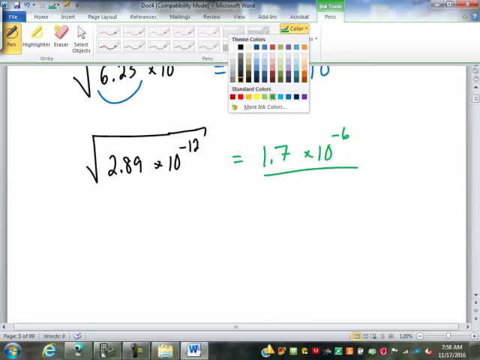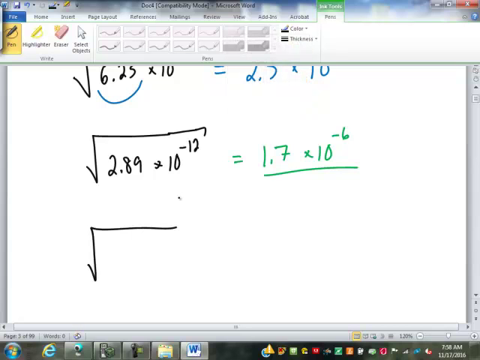We can have the square root of 5.76 times 10 to the 42. Square root of 5.76 is 2.4 times 10 to the 21st. Good.